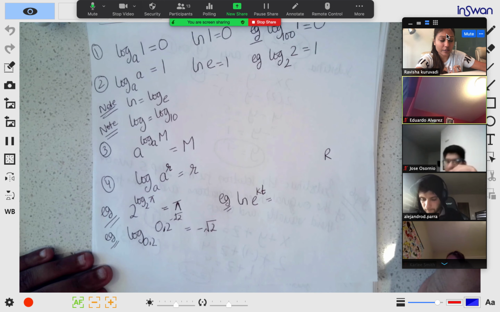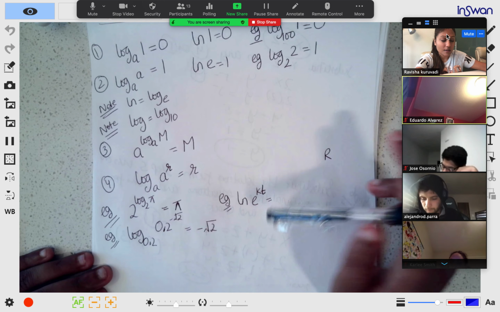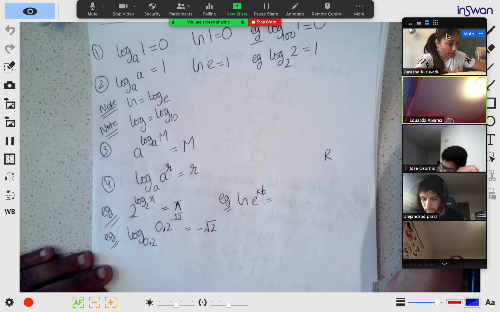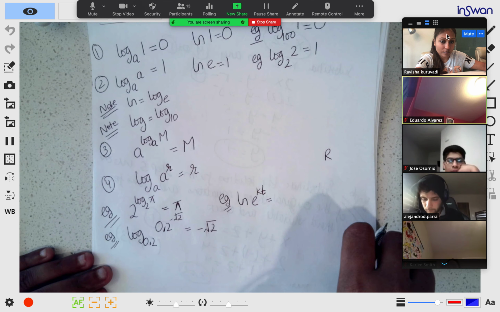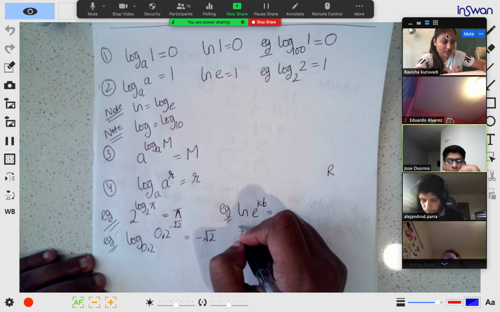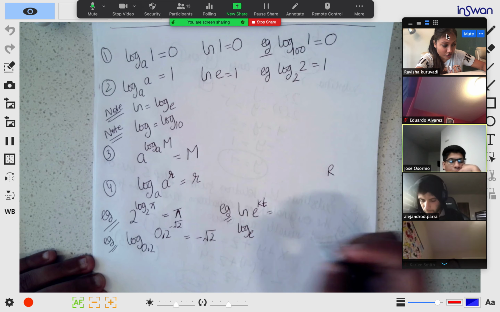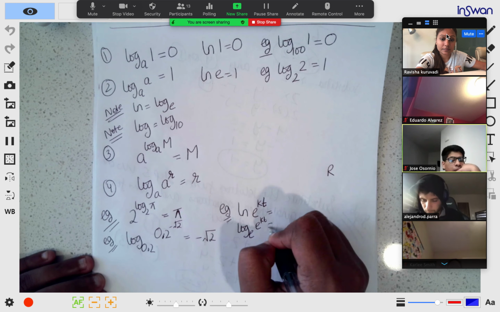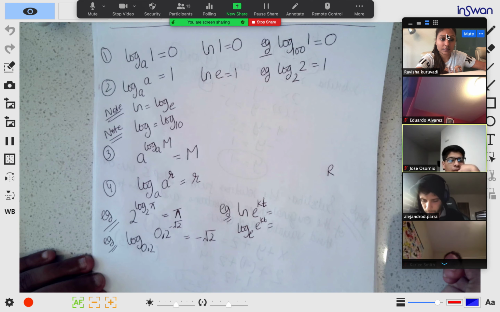What do you think the answer is? What is ln? Log base e. Yes, it's log with base e. So basically you get this thing, which is equal to what? Come on, Eduardo.